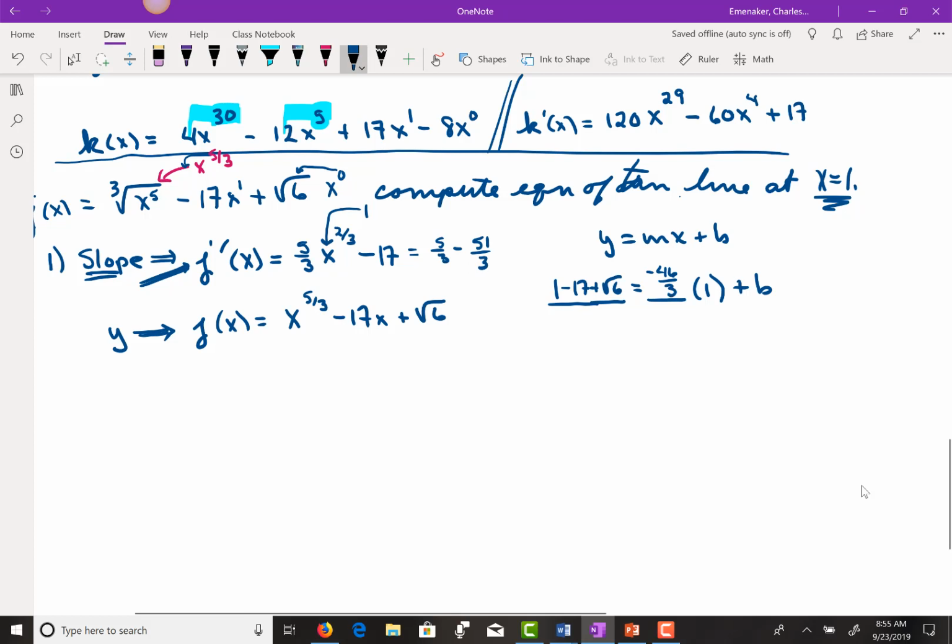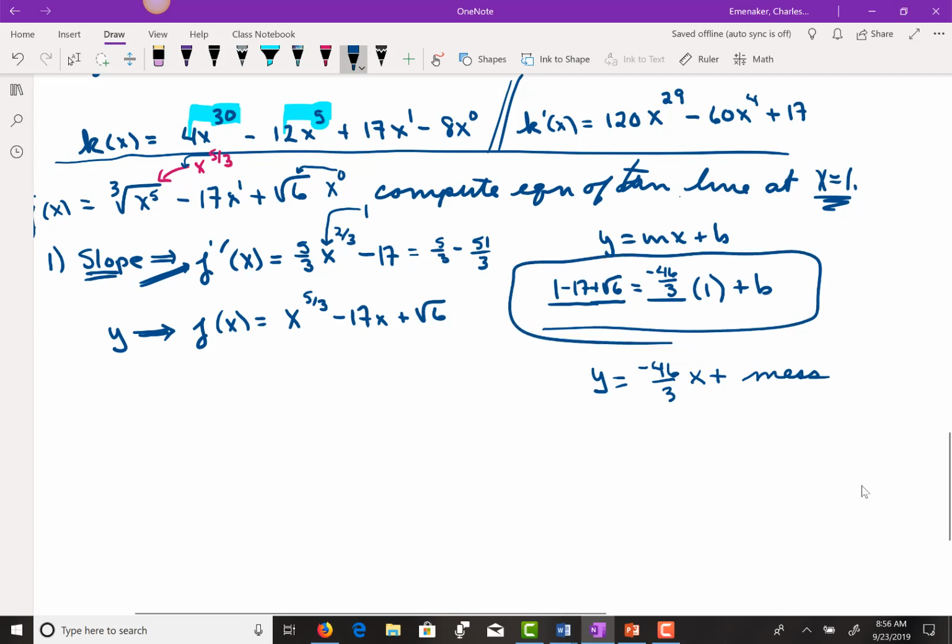I would encourage you at this point to run to your nearest calculator to solve for b. Use 3 digits after the decimal, and that'll give you a b value, won't it? And what you'll wind up with for your equation of the tangent line is y is equal to a negative 46 over 3x plus whatever mess you get for b. You can solve this equation right here.